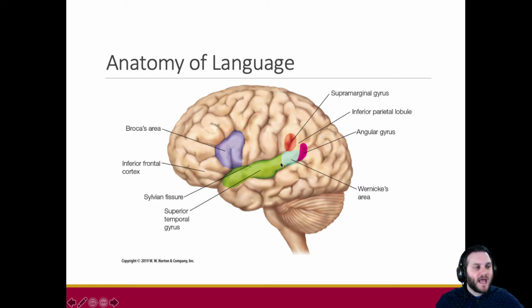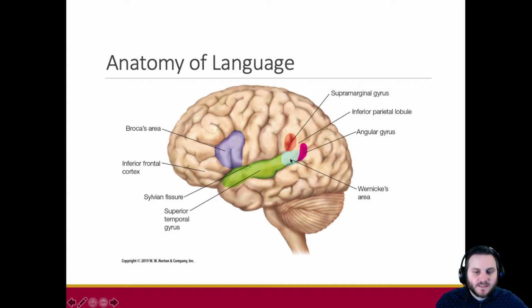It's only a small portion of it. But many of you said superior temporal gyrus, and that was fine, because that's technically where it is. The superior temporal gyrus is the entire thing, from the angular gyrus, which is this little bulge here, all the way to the end of it. So that's the entire gyrus. But as we'll see, Wernicke's area is only this.